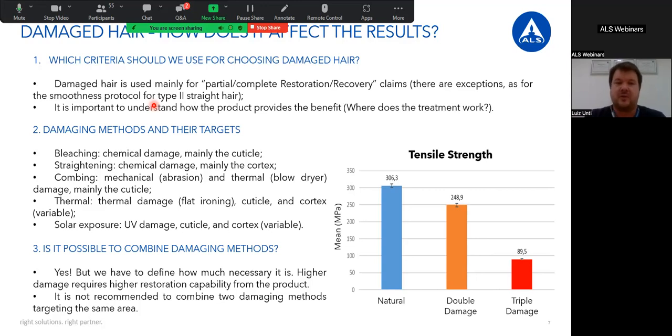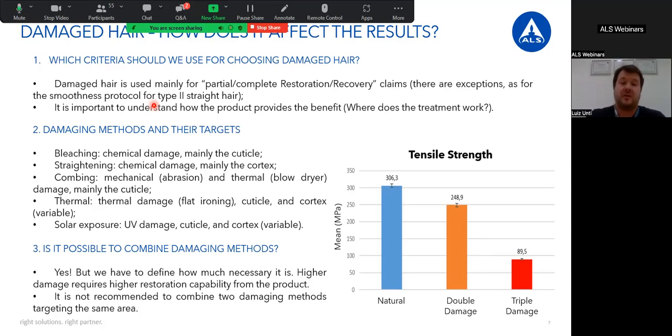Depending on the temperature and how many cycles we use for the flat iron, it will damage the cuticle more or less. And the last one is the solar exposure, also known as UV damage, that will also damage both cuticle and cortex.